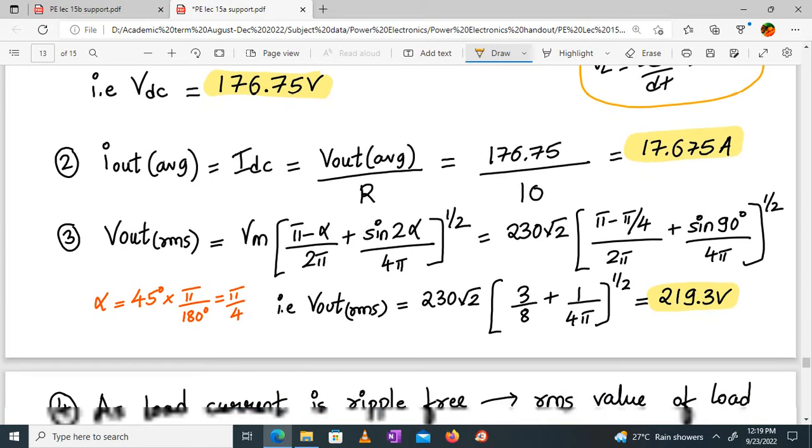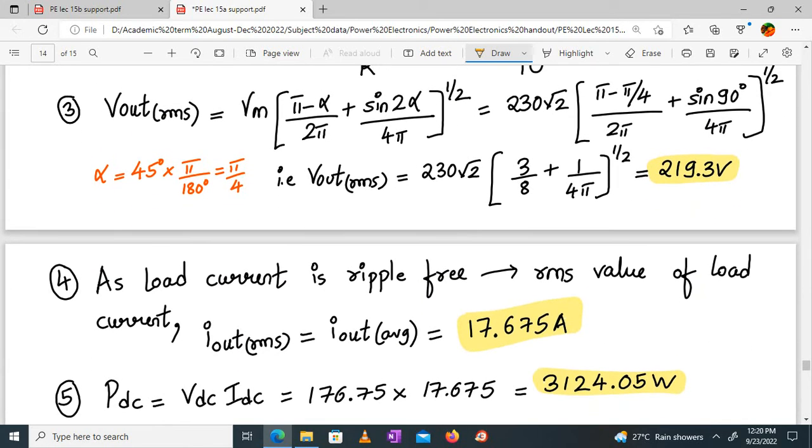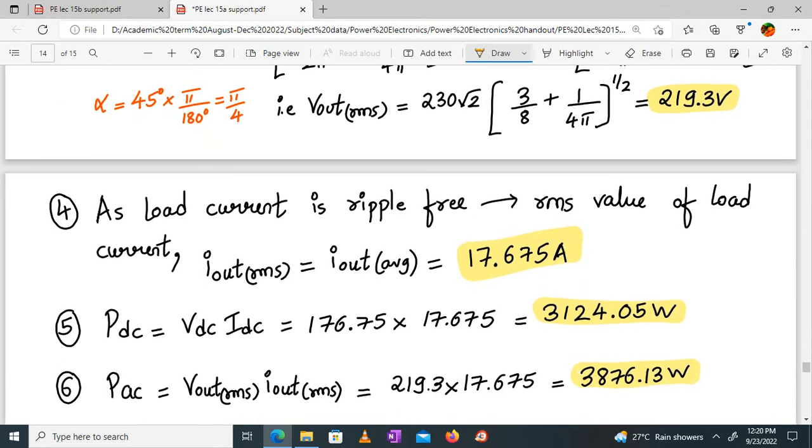ठीक है? Fine. So we'll proceed from here. As the load current is ripple free, the RMS value of the load current is same as the average value. So I out RMS is 17.675 amperes. देखो, I out RMS is equal to I out average equal to 17.675.